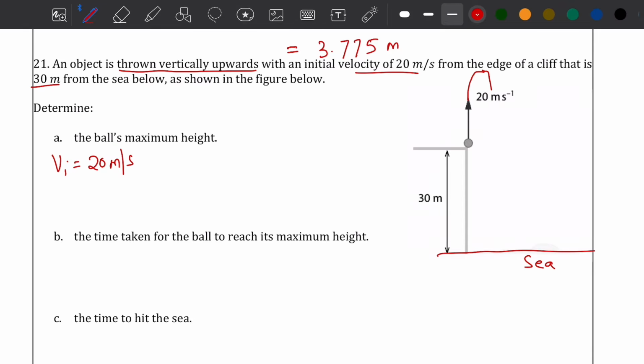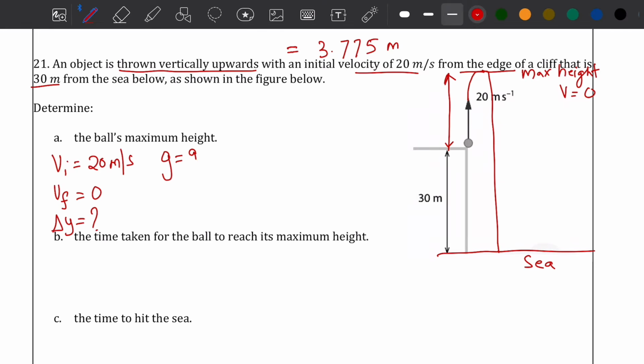Let me draw it straight. So this point is the maximum height. The question is asking us to find this maximum height. We know that at maximum height the velocity will be 0. So Vf is 0 for maximum height, and we want to find delta Y. g is 9.8.